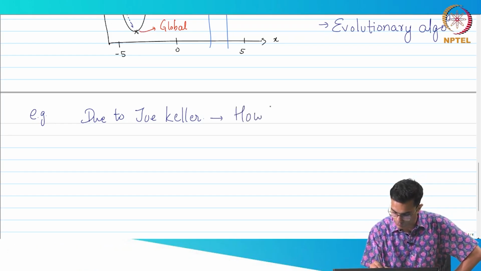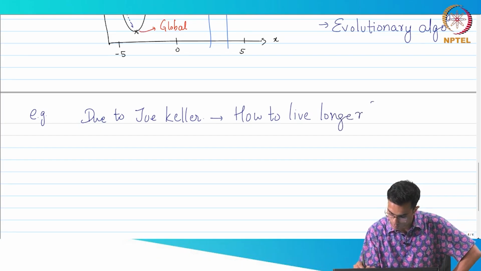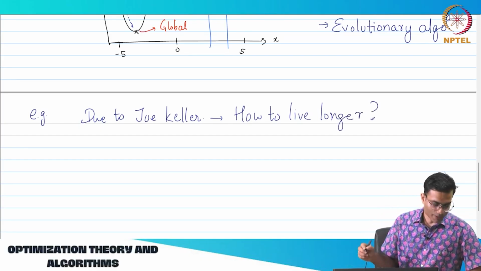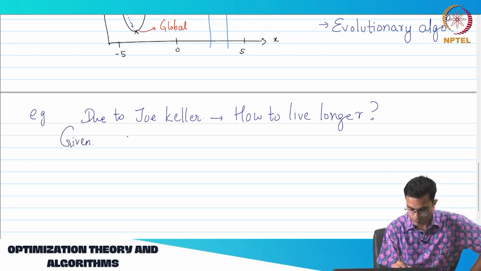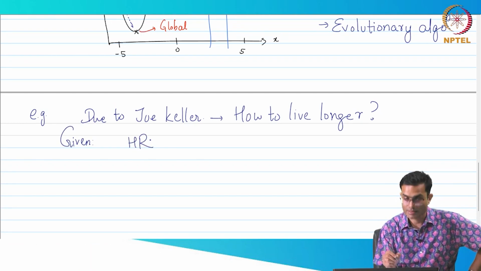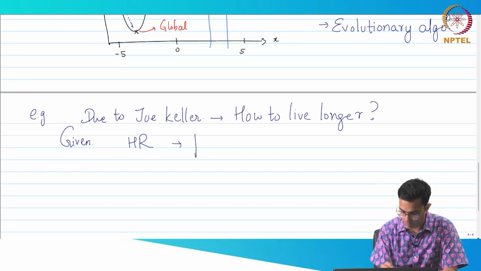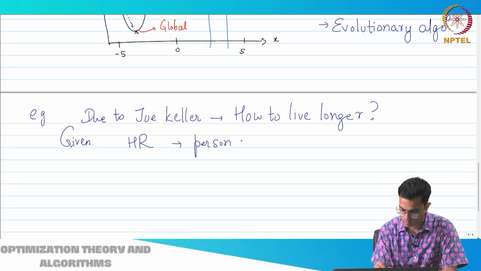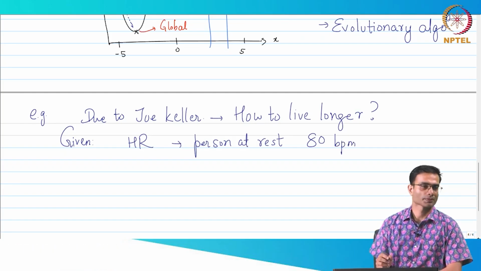So how to live. What is the information that I'm going to give you? Given: HR is heart rate. The heart rate of a person at rest is 80 beats per minute.